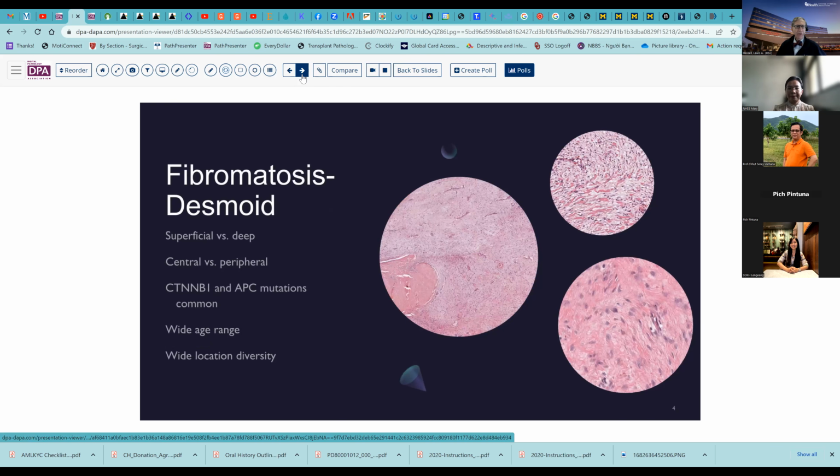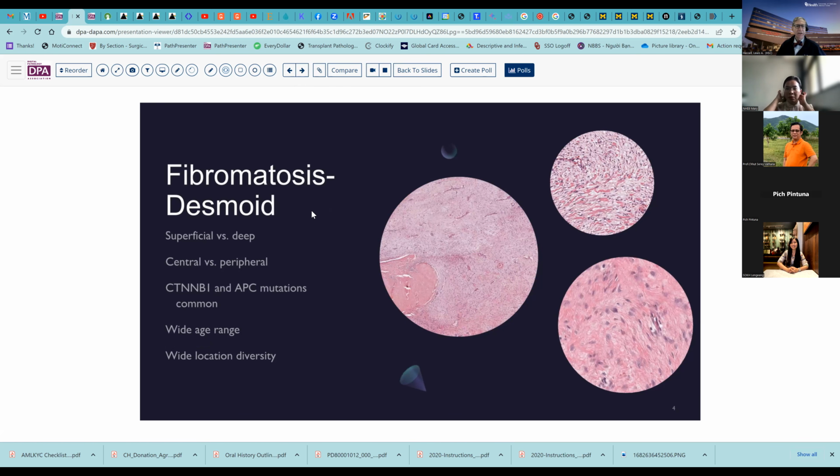So let's start with a very common lesion, the fibromatosis or desmoid tumor. And as you know, there are some variations on this theme that have the same name or a similar name, but may be somewhat distinct molecularly.